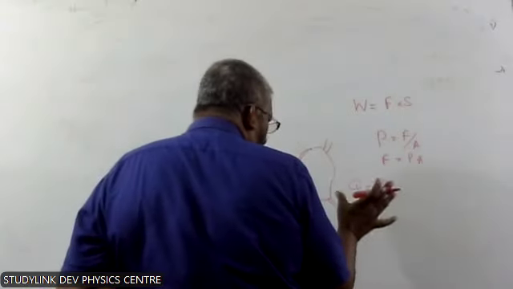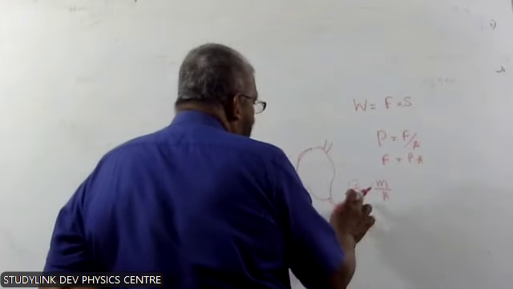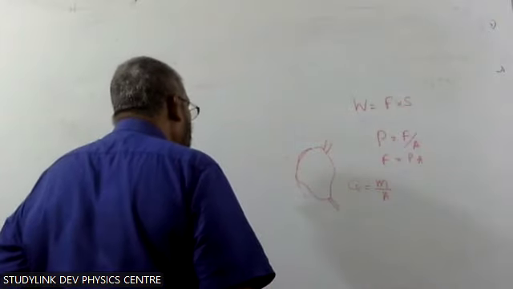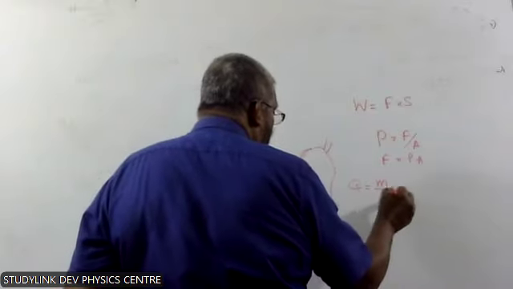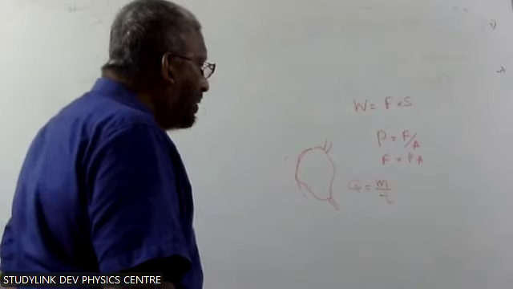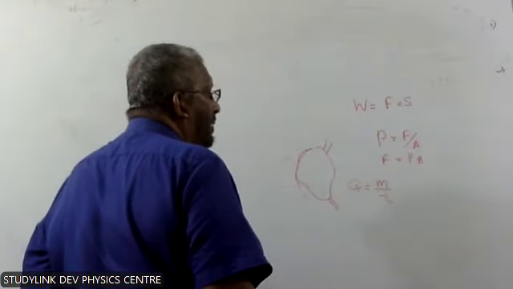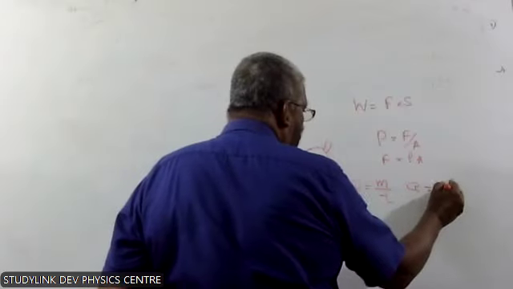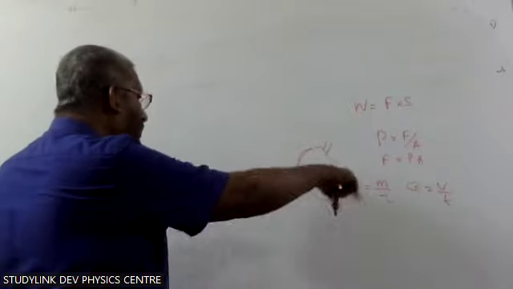The proof is not normally needed because they give the equation. Now if you consider Q is equal to M over T, according to mass, we can find the mass per unit time, that is Q. According to volume also we can find. Q is equal to V over T according to volume. Normally we use V over T.